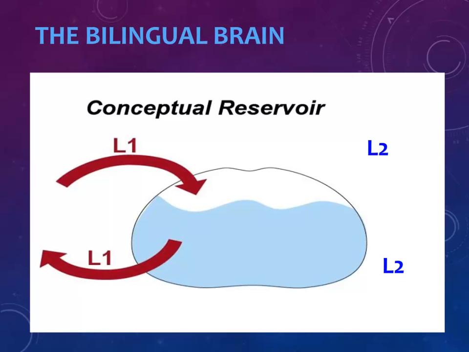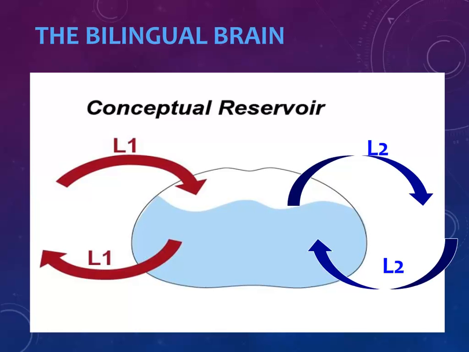This visual represents the idea that our brains are conceptual reservoirs that can be added to and accessed through any language we know or learn. The blue water in this visual represents concepts and knowledge. The arrows that are labeled L1 for first language and L2 for second language represent the pathways for acquiring and expressing that knowledge.